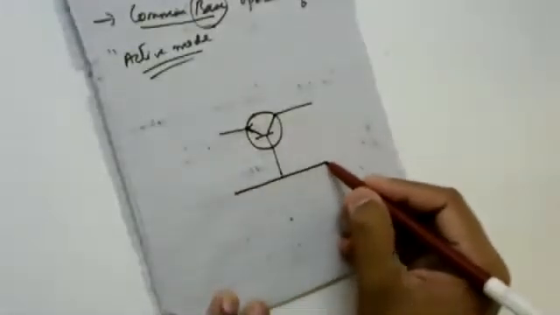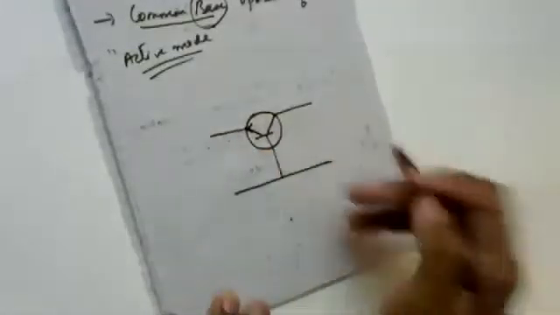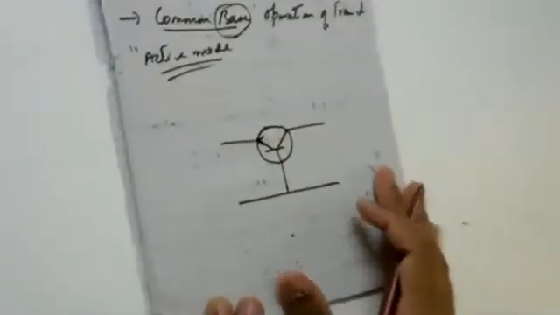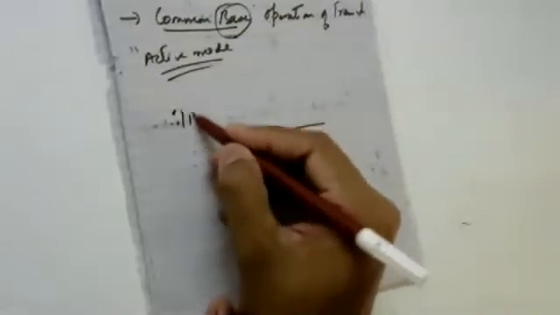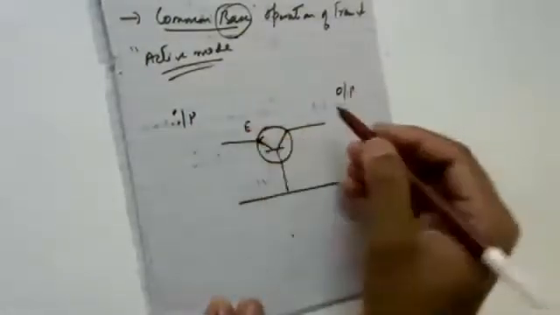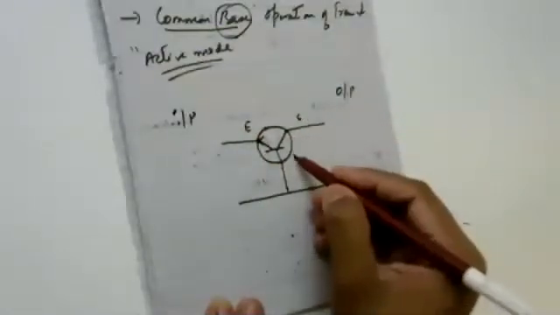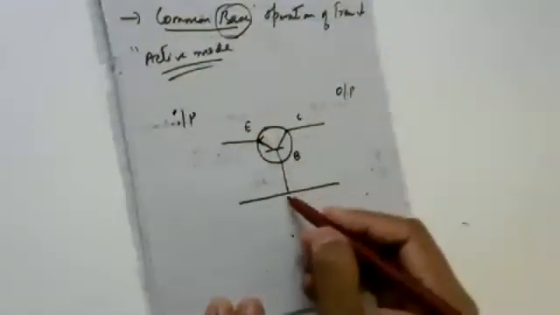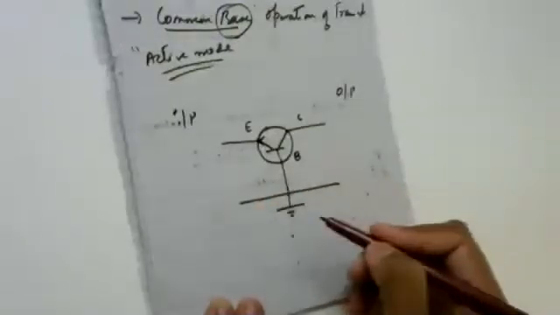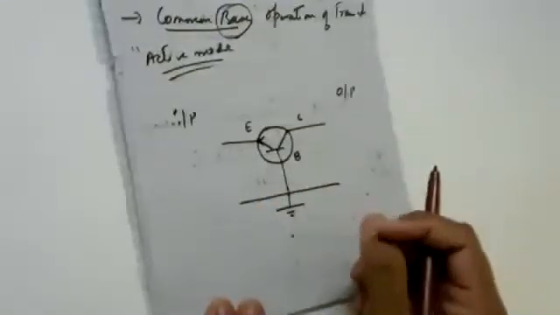So I'm going to take this base common to both my input side as well as the output side. So this is my input side, this is my output side, this is emitter, this is collector, and this is the base.